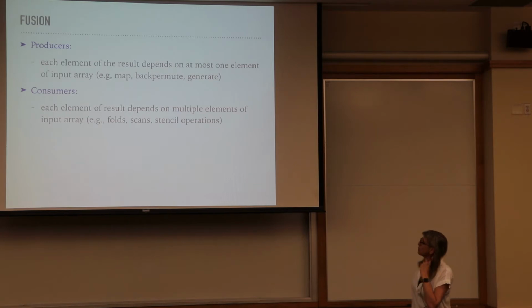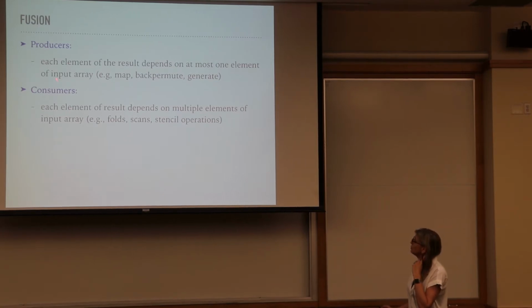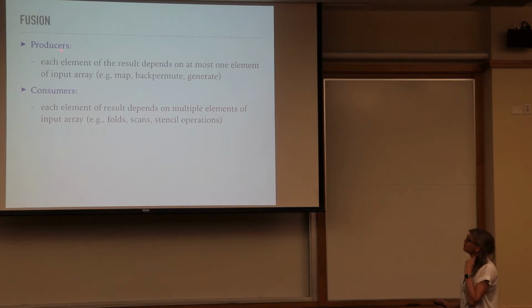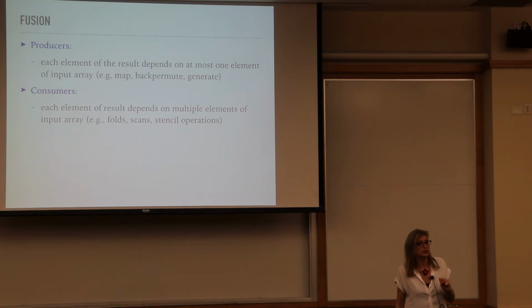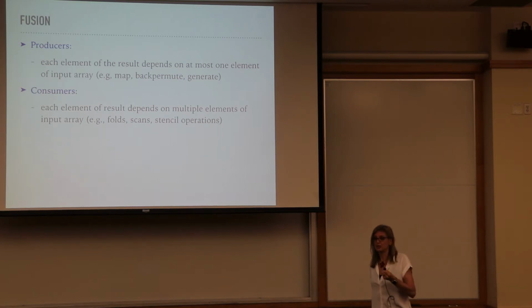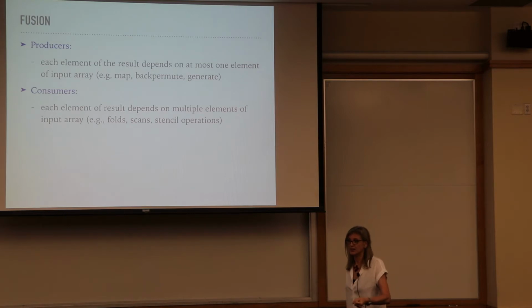So what we do is we distinguish between two different types of functions. One, producers, which means functions where each element of the result depends on at most one element of the input array. Examples for that are map, permute, generate. And consumers, which are actually not, like the naming here is not great, because consumers can also produce new arrays.